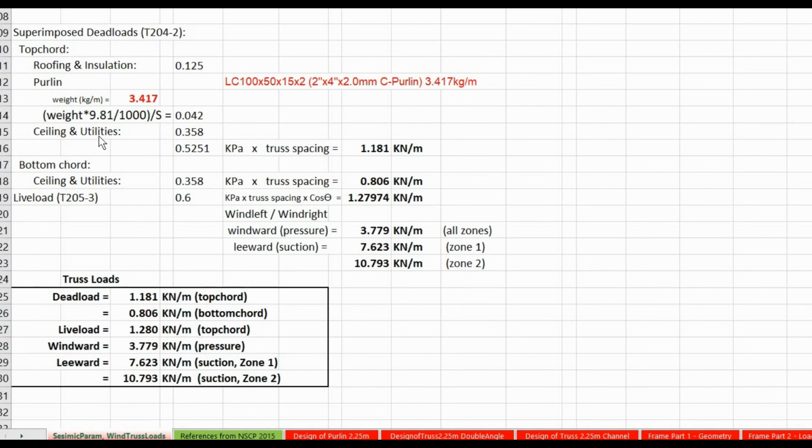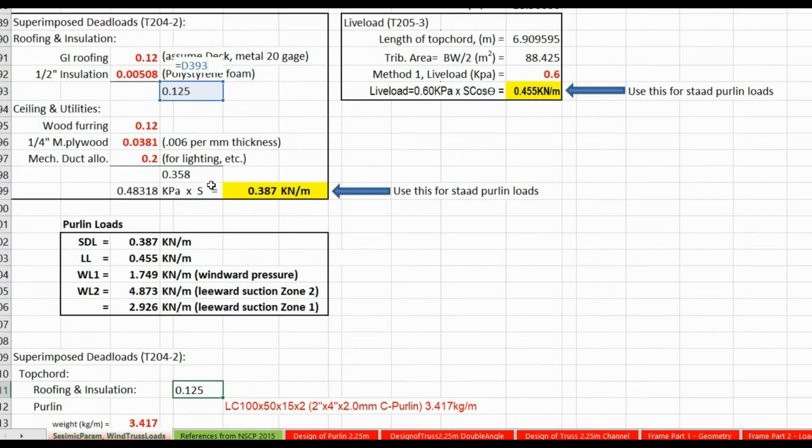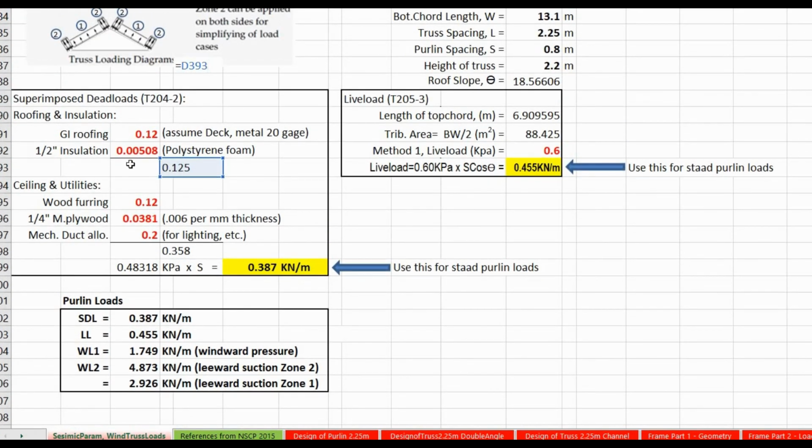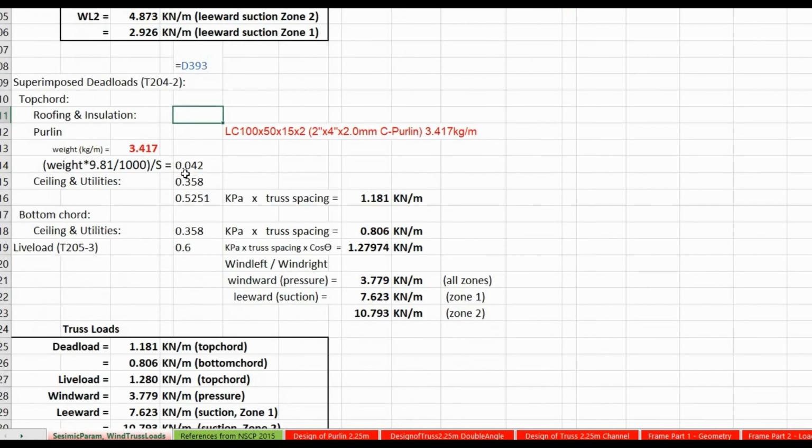Para sa trusses naman, ang binubuhat ng top cord, you have the roofing and insulation, which is 0.125, and that is nakalink dito sa purlins. Ayan, okay? 0.125.